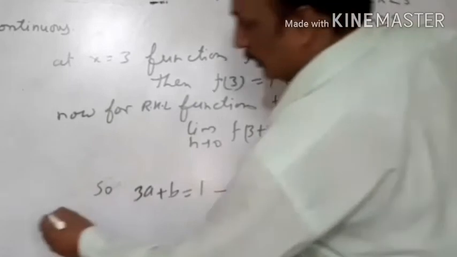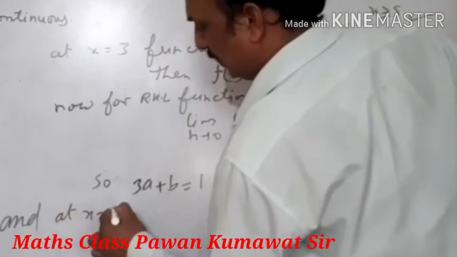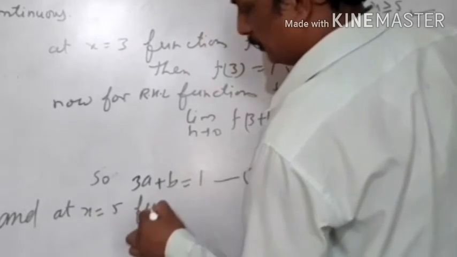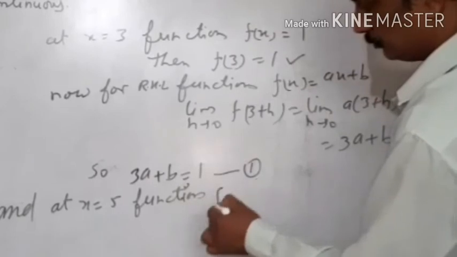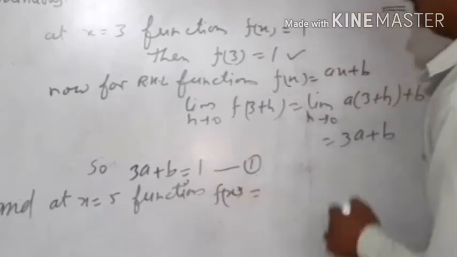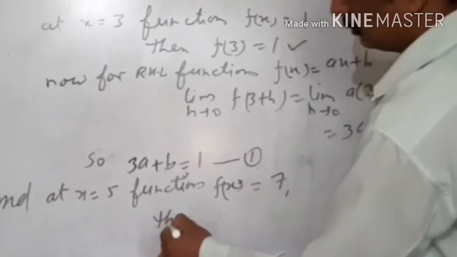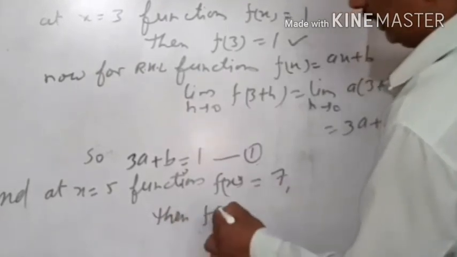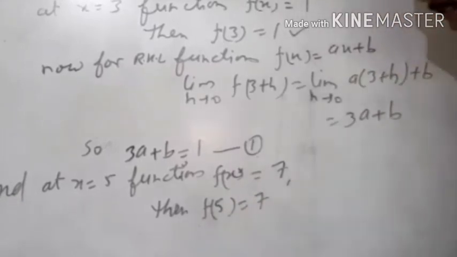Now at x is equal to 5, function f(x) is equal to 7, then f(5) is equal to 7. Is that clear?